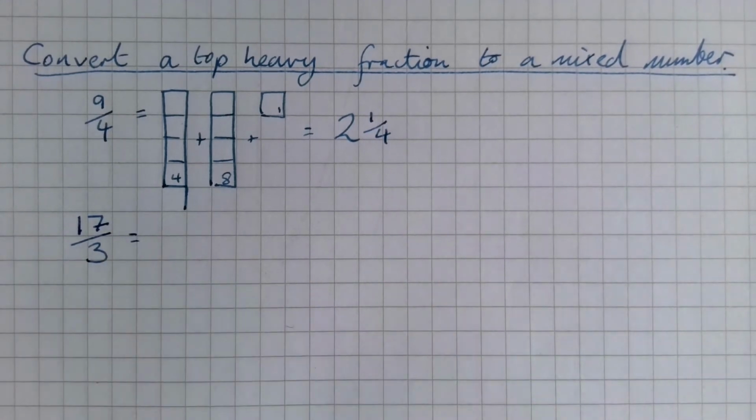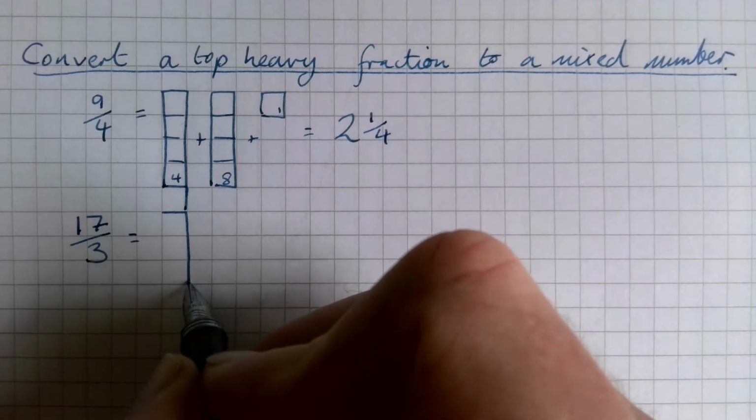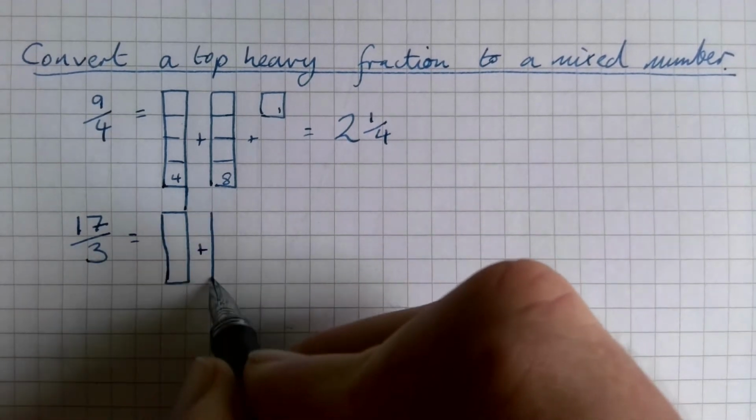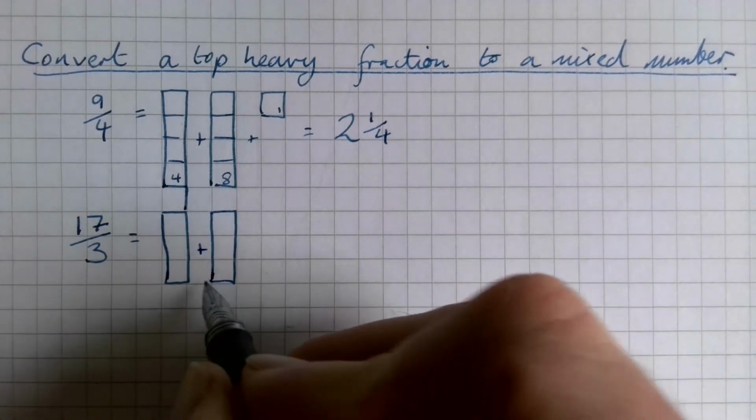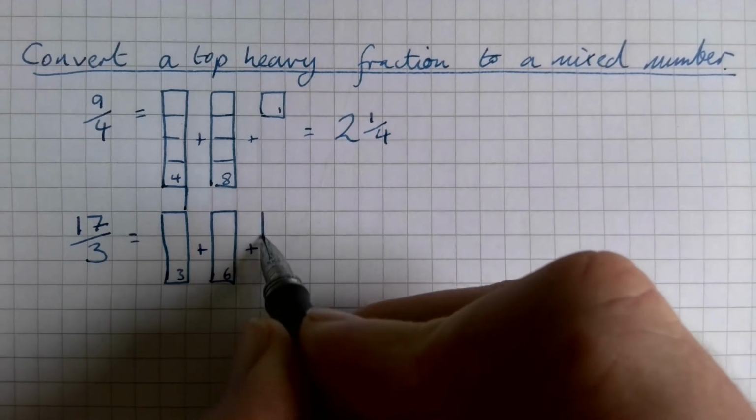Now you may think you can do this already. By all means, give it a go. See if you get it right. So I've got 3 in my whole. 3 plus another 3 is 6 to make 2 wholes.